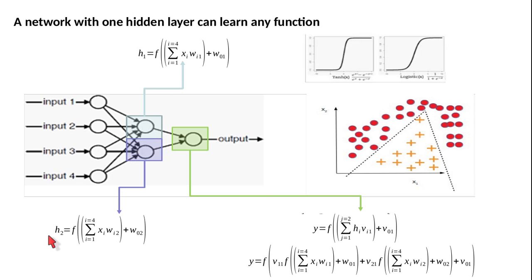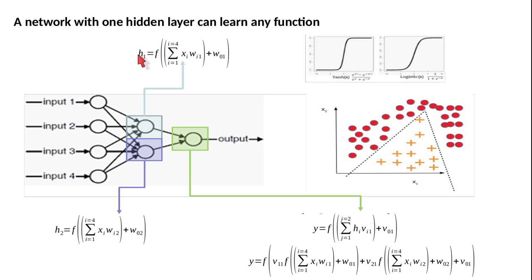Now h1 and h2 are fed to the output node, which gives you this result. The final output y is computed as f of the sum for j equal to 1 to j equal to 2 of hj vj1, where vj1 is the weight from the hidden nodes to the output node. Now if you expand this, you would get h1 multiplied by v11, which is output of hidden node number 1.